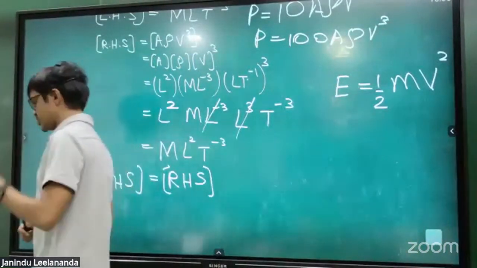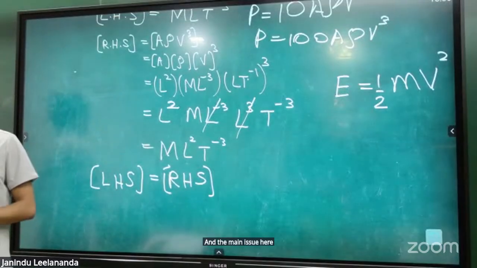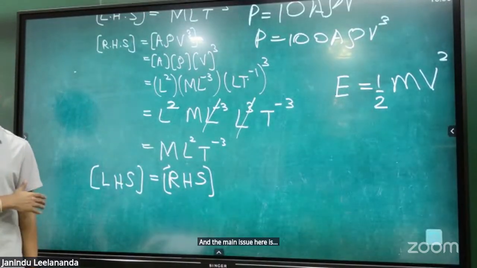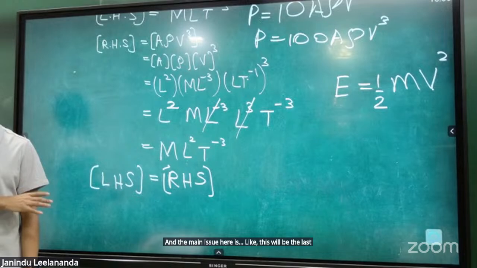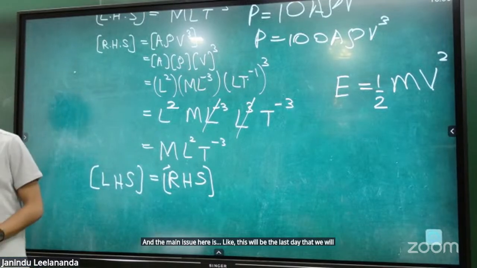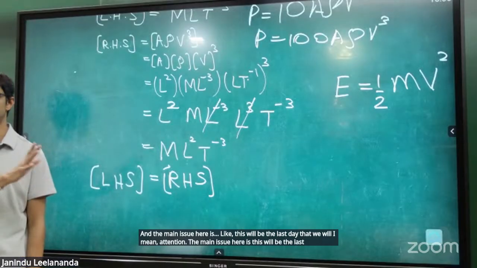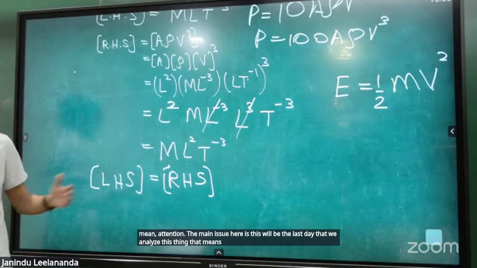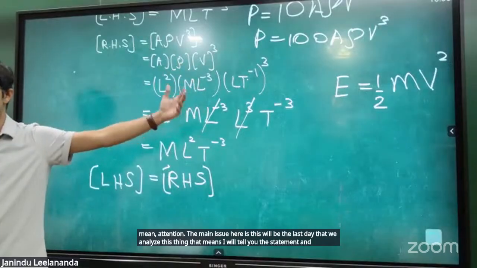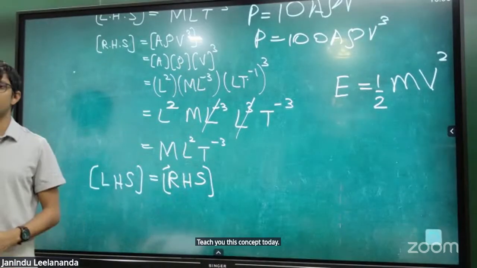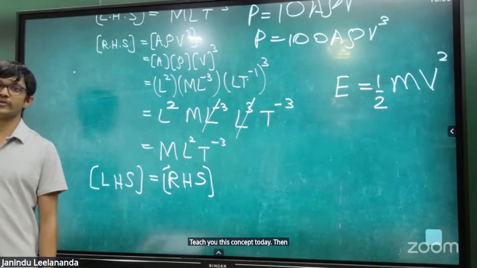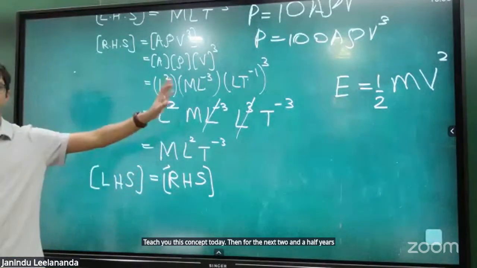The main issue here is that this will be the last day that we analyze this thing. That means I will tell you the statement and teach you this concept today. Then for the next 2.5 years, we won't encounter this point again.